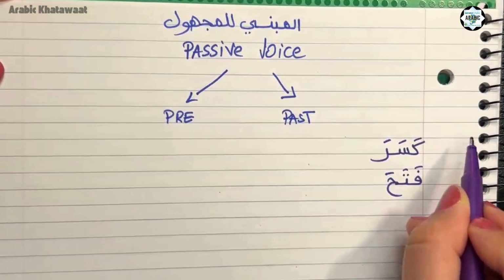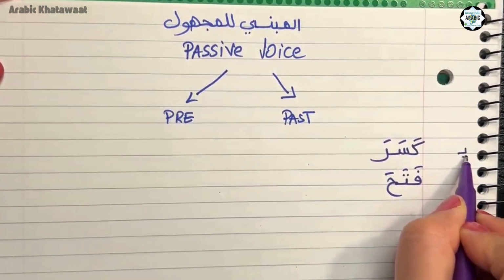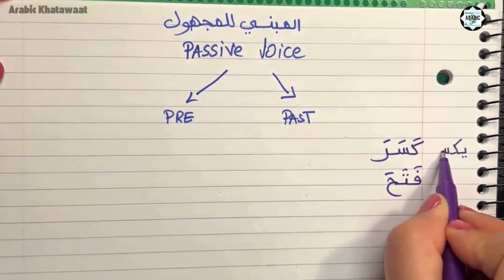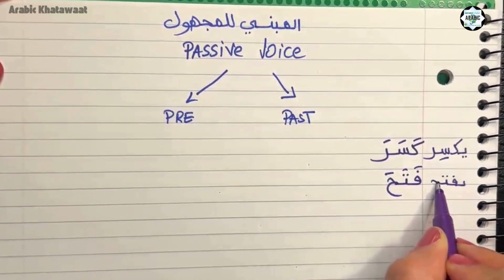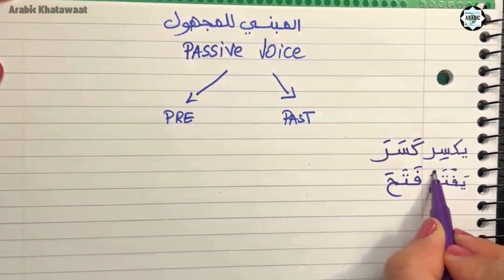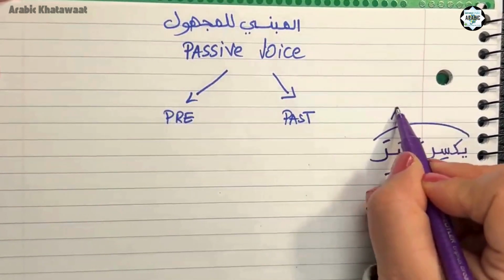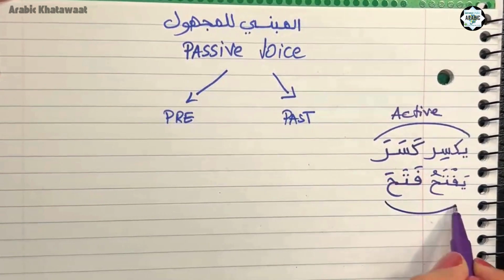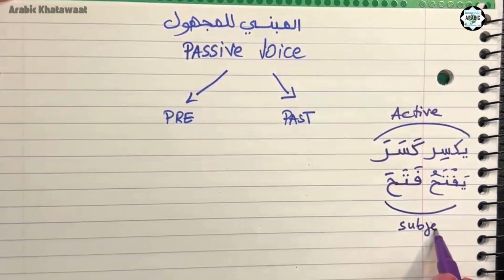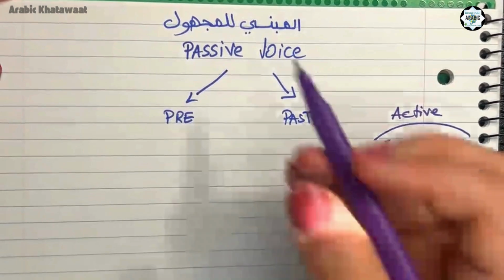The present tense has the ya. So I would say يكسر and then يفتح. Both of these are considered active because I know who the subject is or who is the doer, الفاعل.